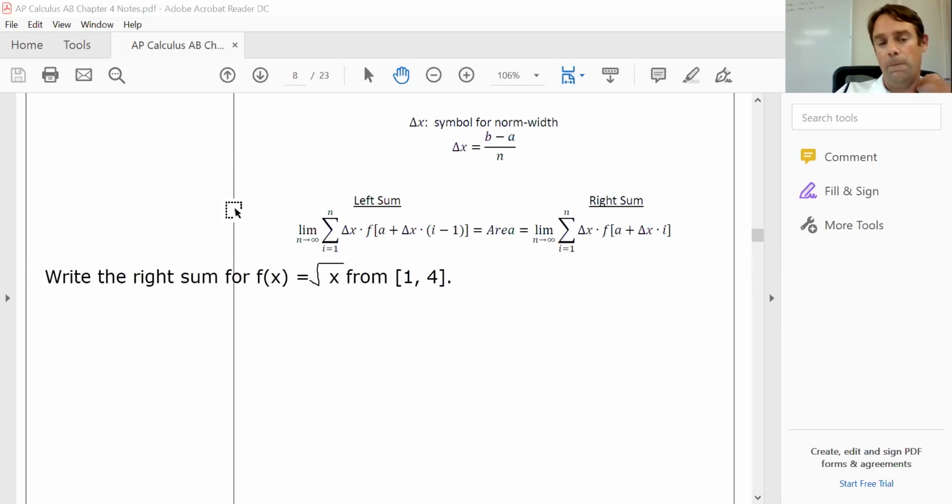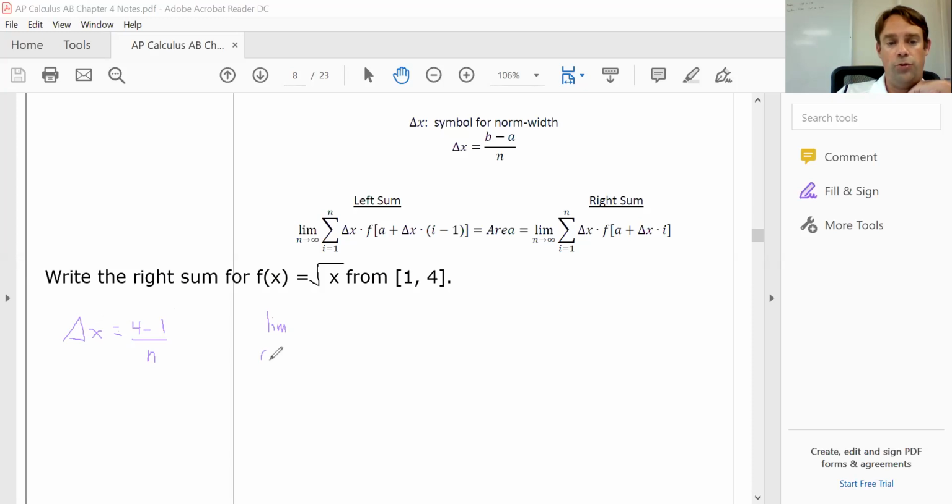All right. So first up, let's figure out what our width is. So delta x, that's our b minus a. So 4 minus 1. And we're going to have an infinite number of them. So that's our delta x.